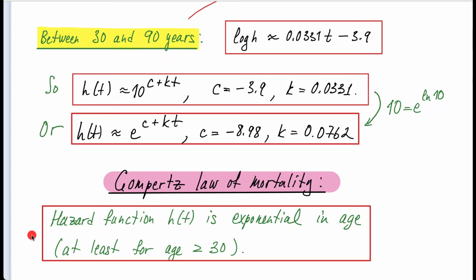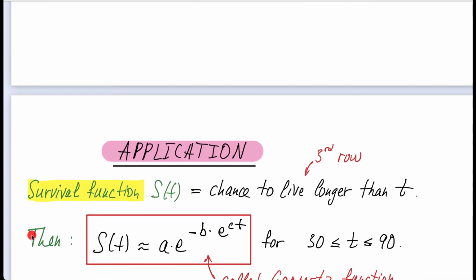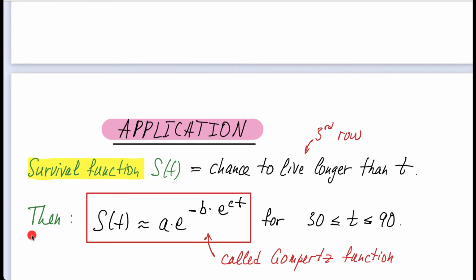And this law was first empirically observed by Benjamin Gompertz in the early 19th century in England. And what we are going to do right now is to show that whenever the second column or the death probability or the hazard function follows the exponential, then the third column, which is the survival function S of t, as we said above, this is just the chance to survive up to the age of t.